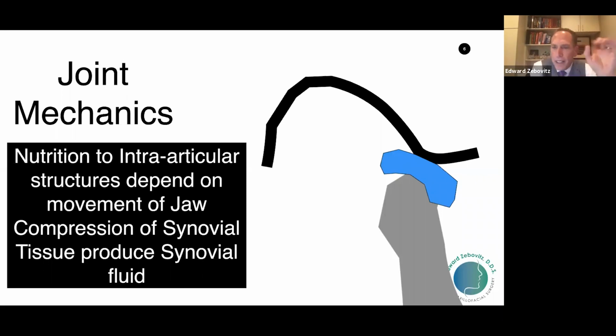So going back, as our jaw moves down, we compress the soft tissues lining the joints, which is our synovial tissue. And when the synovial tissue gets squeezed, synovial fluid gets squished out. So when we have a joint that's not moving, the nutrition to the intracapsular, intra-articular tissues doesn't get there.